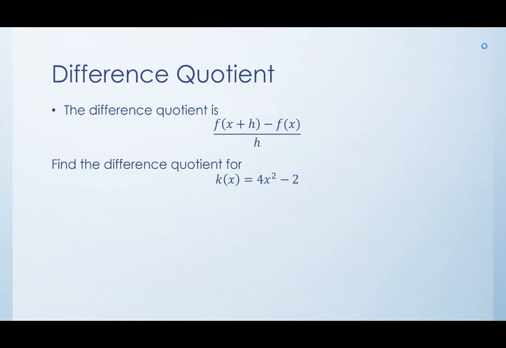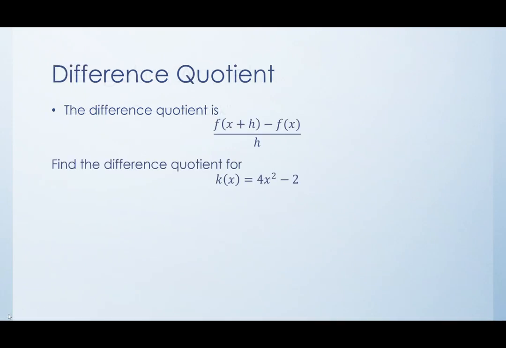All right, so we're going to talk a little bit more about the difference quotient. Now, we actually developed it in the previous video because the difference quotient is really just the rate of change formula, right?